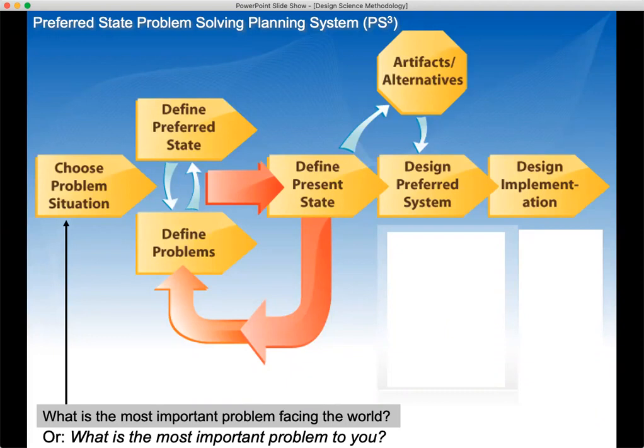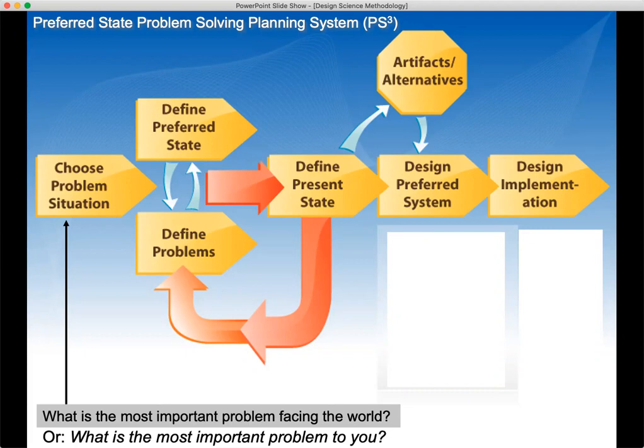If the problem is hungry people, what's the preferred state? It's not just the elimination of hunger. It's maybe having access to abundant food supplies that are nutritious and flavorful, culturally appropriate, and produced in regenerative ways.